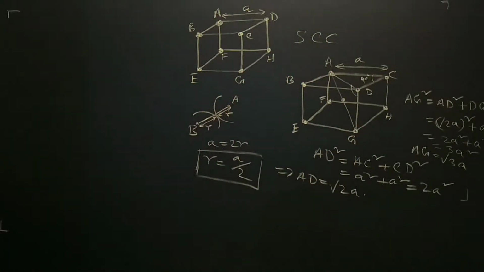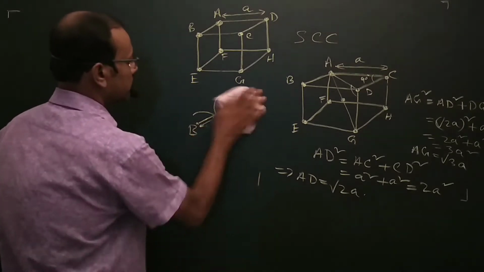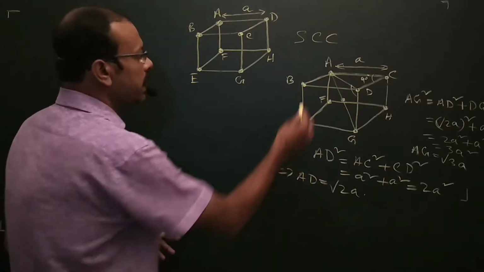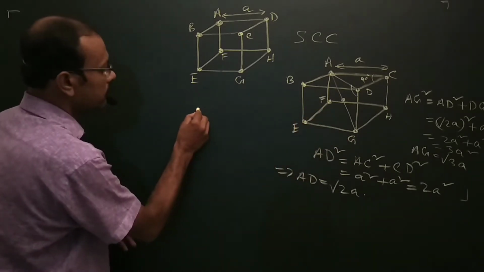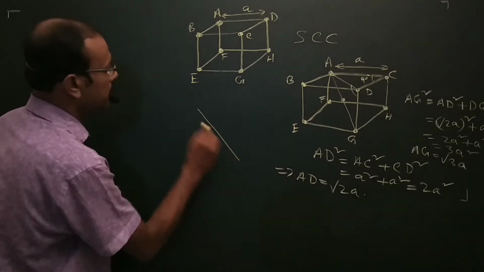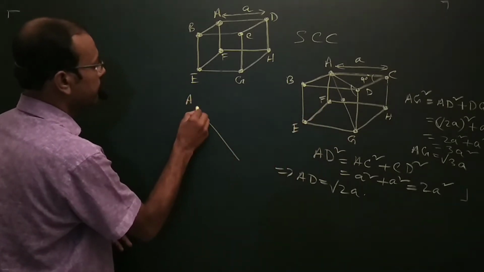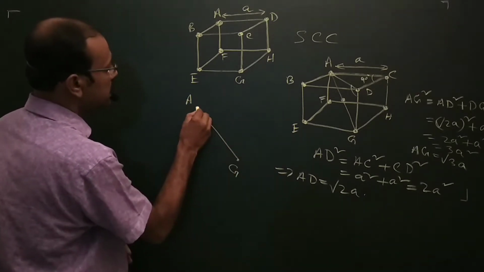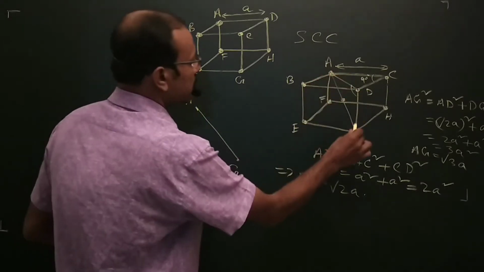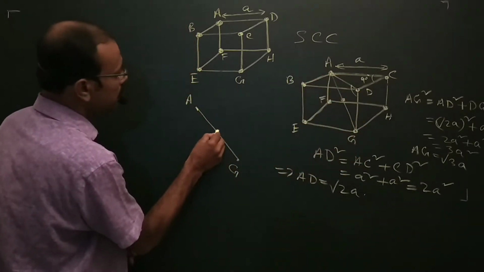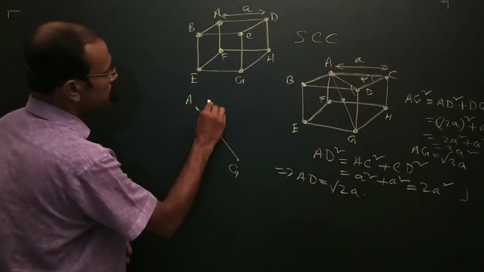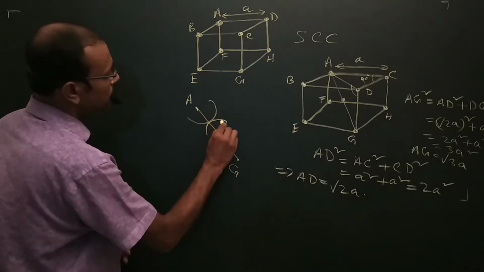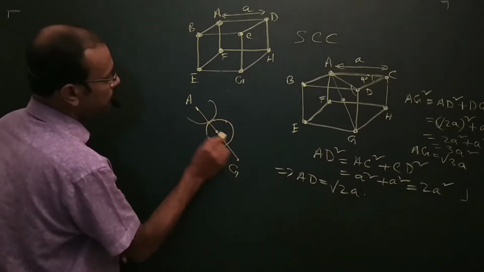Now you see, I am taking out this section of AG. This is A and this is G. These are the centers of the corner particles, and in the middle there is another particle. They touch each other, and therefore it will be like this.